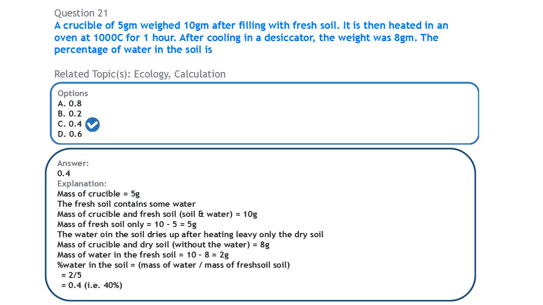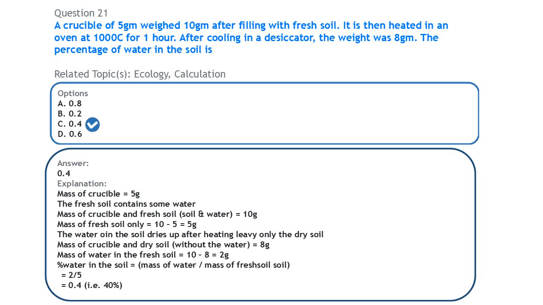Heating the crucible is like roasting the soil, and that will result in the evaporation of the water in the soil. So the mass of the crucible and the dry soil, without the water, is 8 gram, while the crucible with the fresh soil, which still has water in it, is 10 gram.